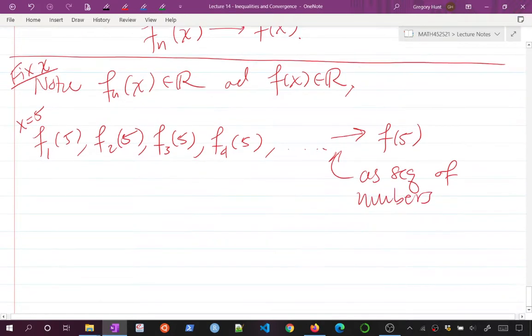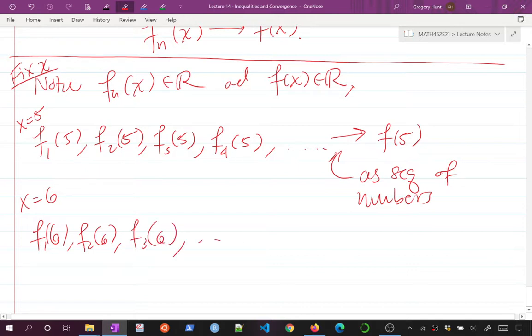Okay, we'll put that aside, and then we go for another x. Let's say x is equal to 6, and f1 of 6, f2 of 6, f3 of 6 converges to f of 6. Again, as a sequence of numbers, F1 of 6 is a number, F2 of 6 is a number, and so it's just like an xn.